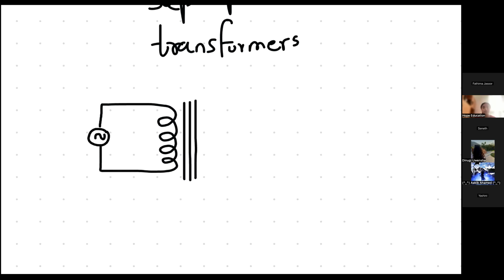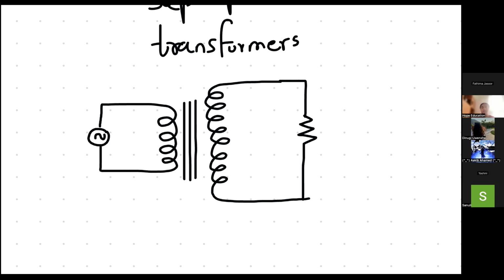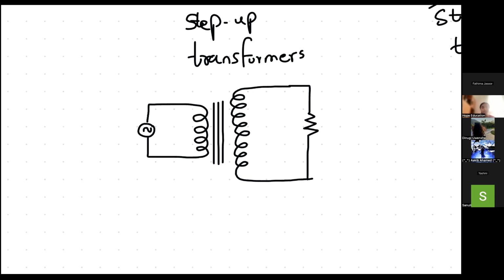And on the other hand, look at my secondary coil. Here at the secondary coil, we can connect any instrument we like. It could be a bulb, or any electric equipment.